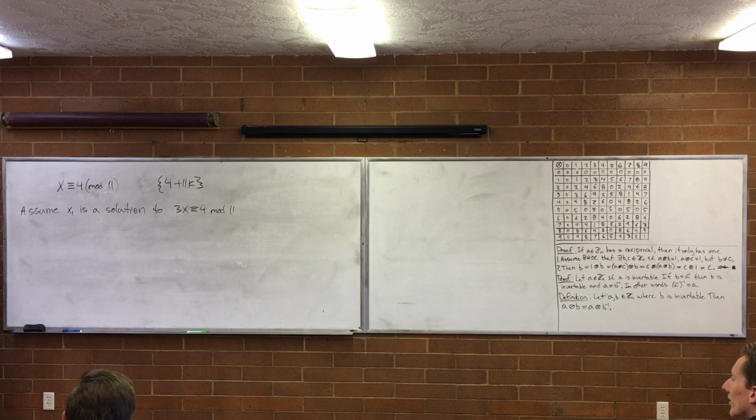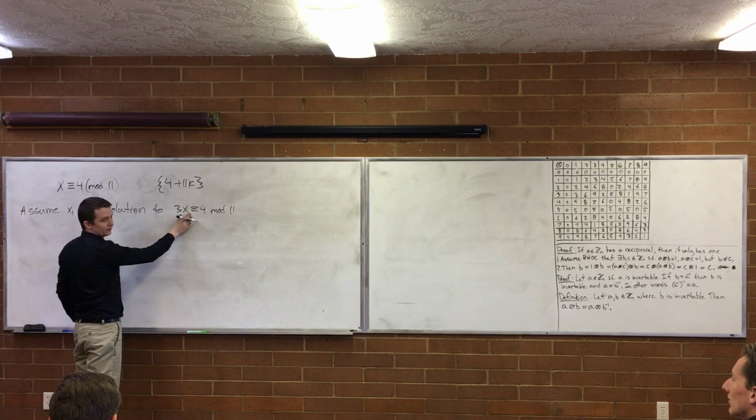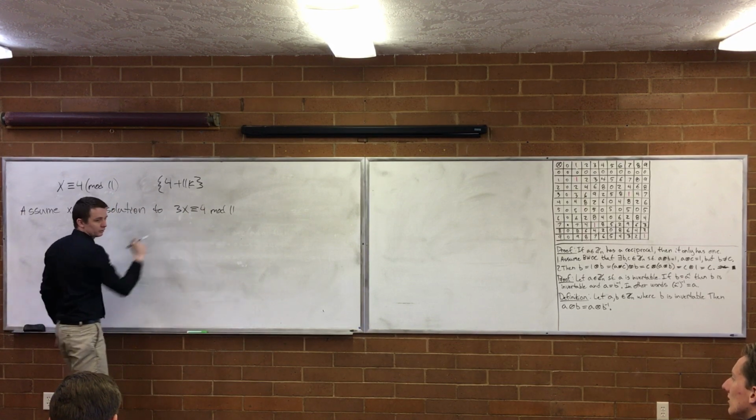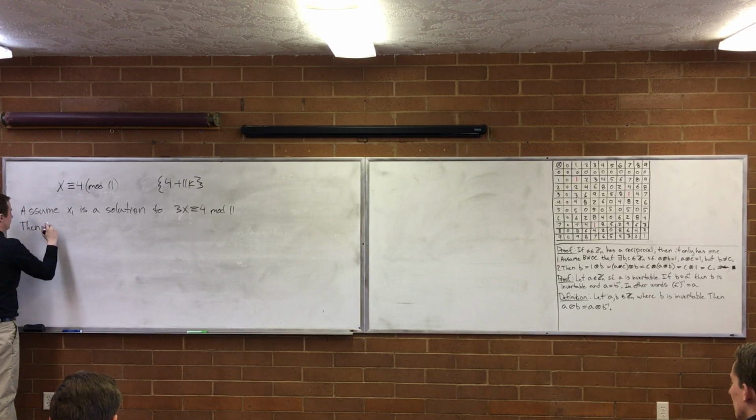Are we going to do a proof by induction or something? No, we're just going to show that x1 plus a multiple of 11 is also a solution. So assume that x1 satisfies this. If I put in x1, it works.